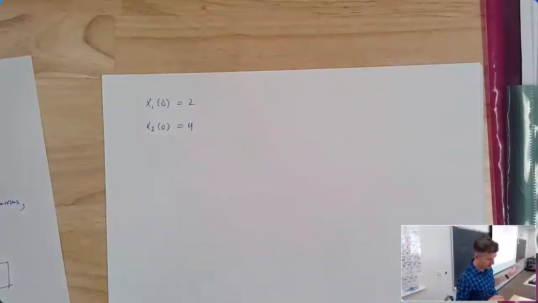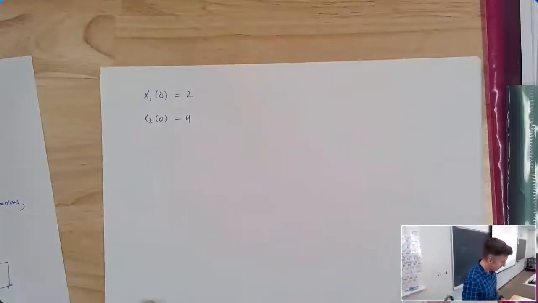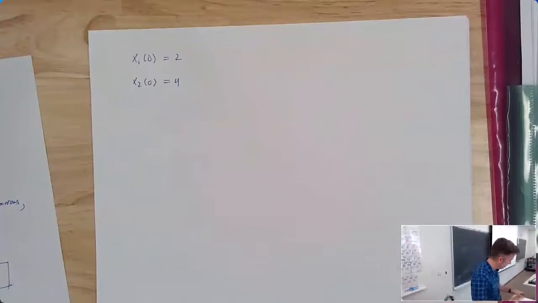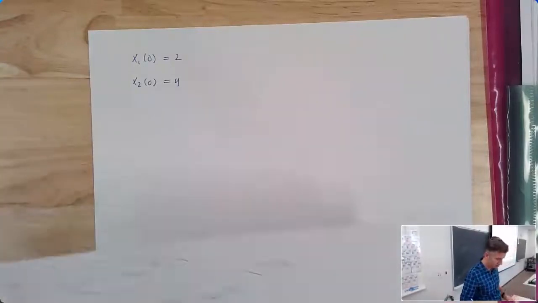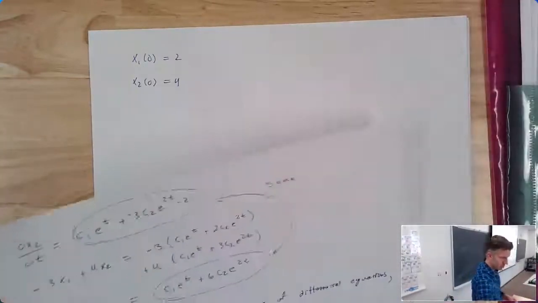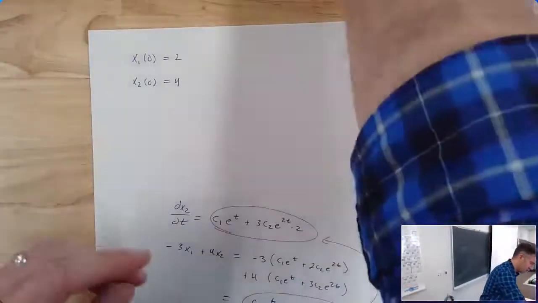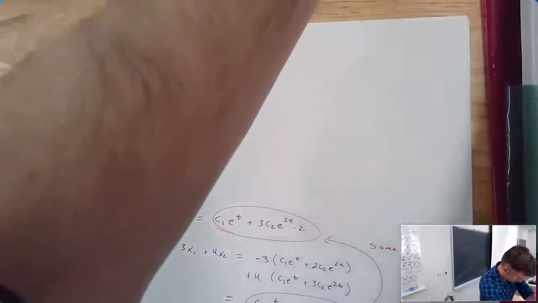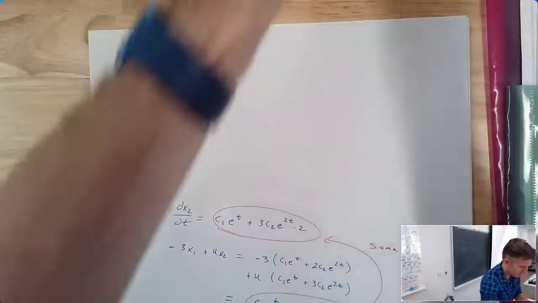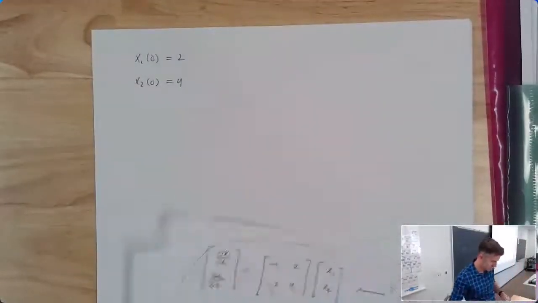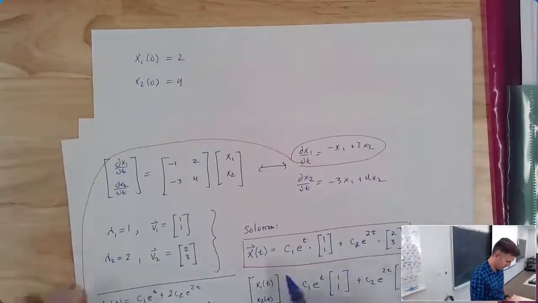What's going to happen? Well, I shouldn't say what's going to happen. I said, let's find our constants. So let's go back to our general solution, which I'll remind everybody looked like that.